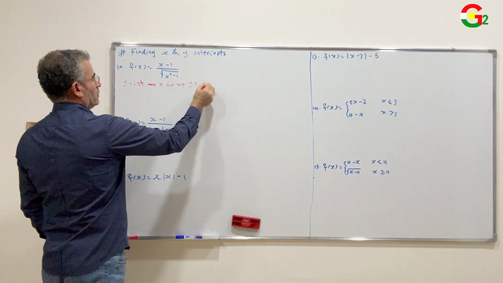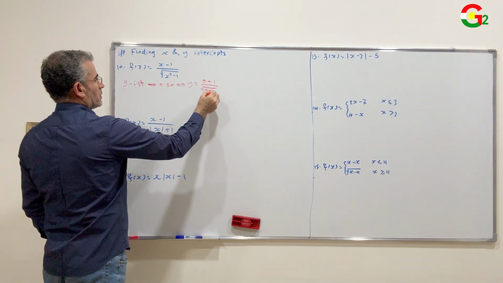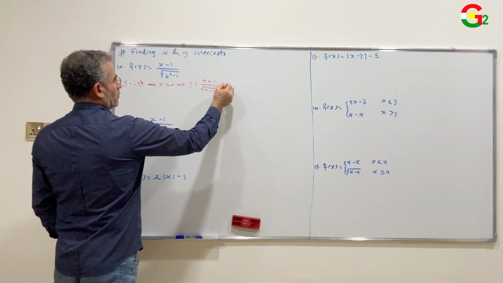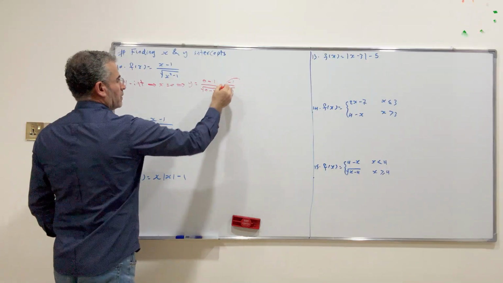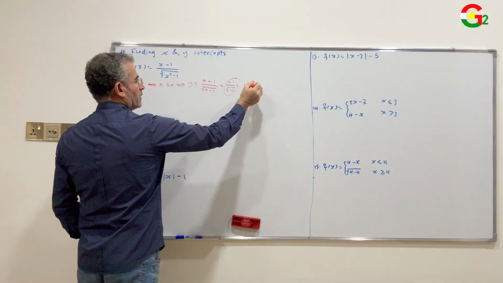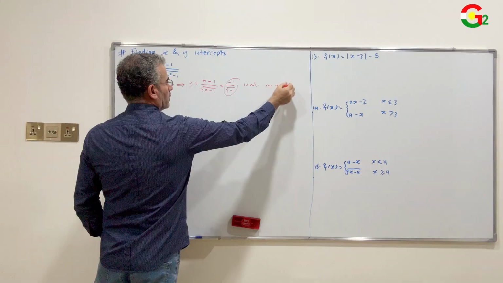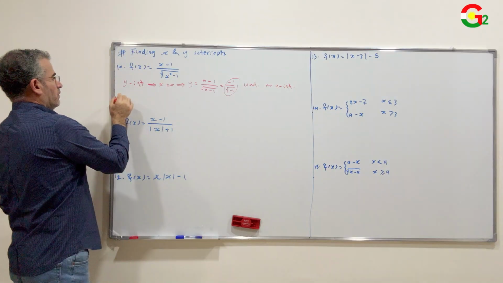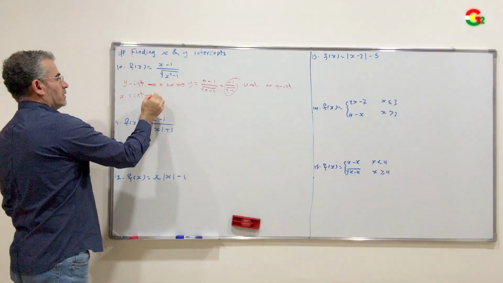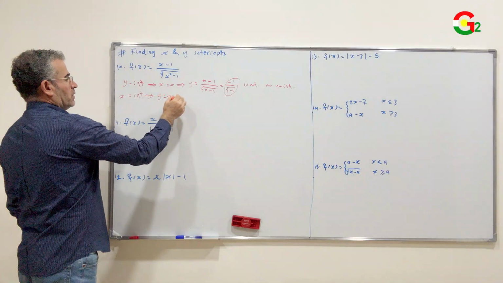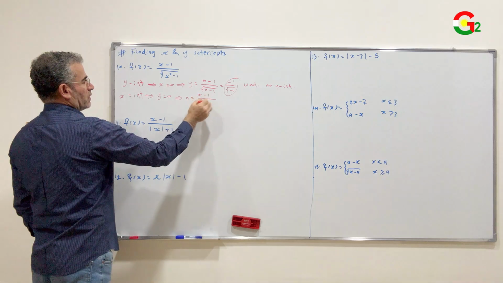Then y equals 0 minus 1 over the square root of 0 power 2 minus 1, which equals negative 1 over the square root of negative 1, an undefined term. There is no y-intercept.